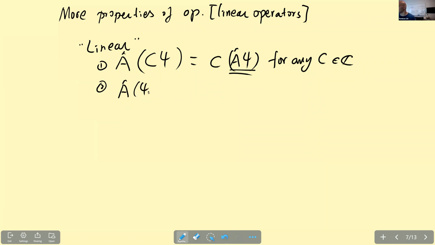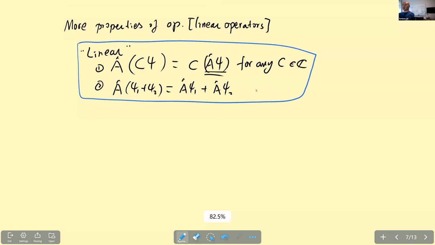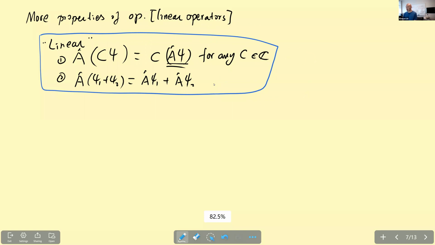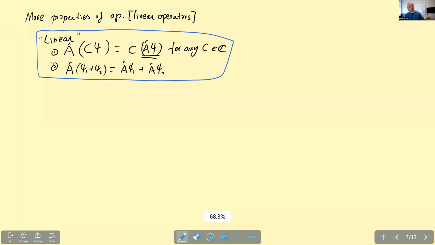If you have a linear combination of two wave functions, the operator can act on them separately. Right, so this is the definition of a linear operator. You can see that this is a very intuitive definition, right? So you can check whether the operators we have defined at this moment are linear or not.